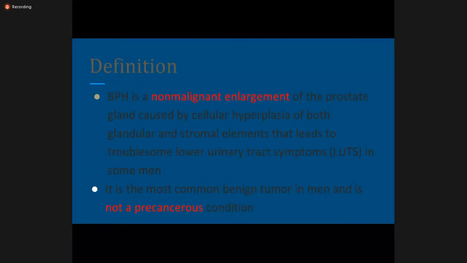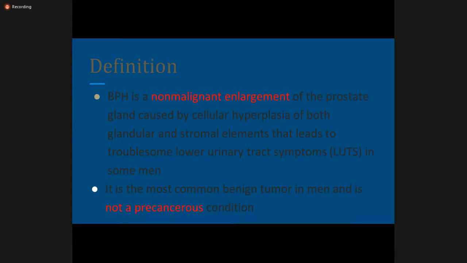So let's move on. Number one is definition. BPH is a non-malignant enlargement of the prostate gland caused by cellular hyperplasia of both glandular and stromal elements that leads to troublesome lower urinary tract symptoms in some men. So basically, it is a non-malignant enlargement of the prostate.